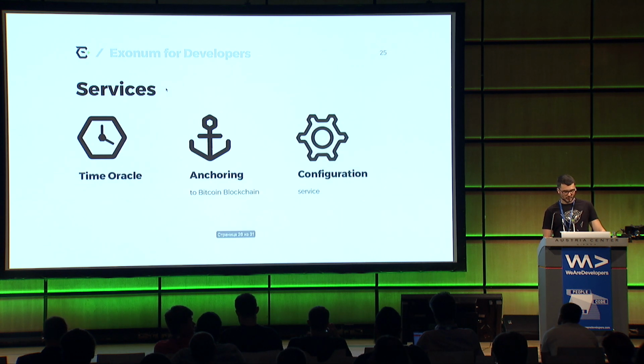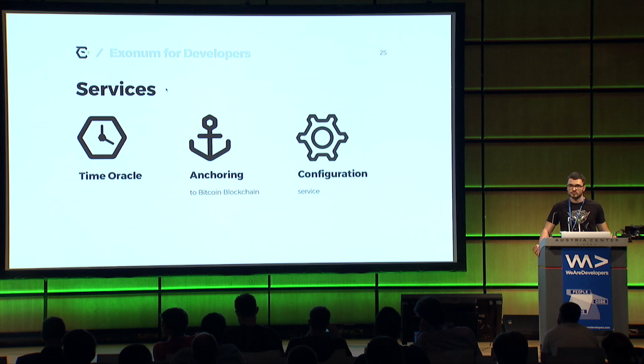Okay, so we have several useful services in the open source. First of them is a time oracle. I think that you are familiar with the problem of time in blockchains, time of block acceptance. And this service helps with that a lot.